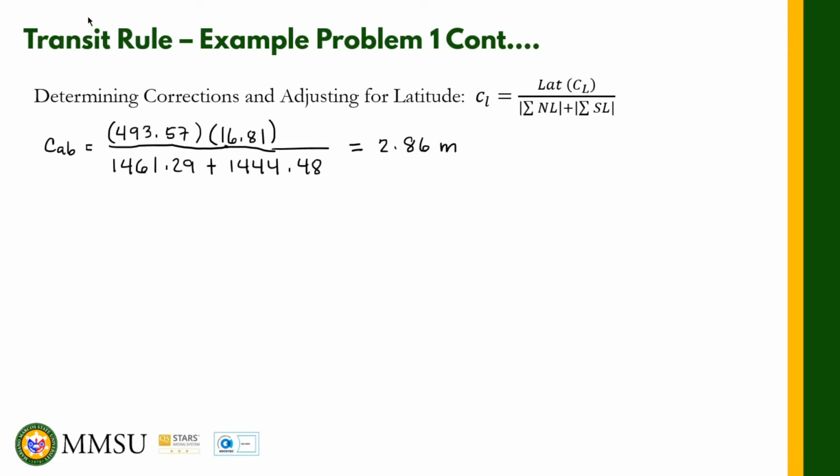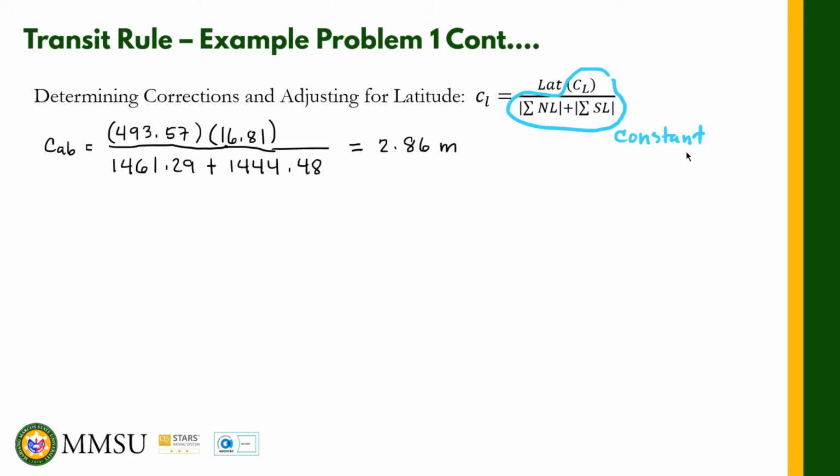All right, let us take a look at our formula. Our formula is composed of C sub L divided by the summation of NL plus SL. As I was saying, C sub L and this summation of north latitude plus south latitude is actually constant.